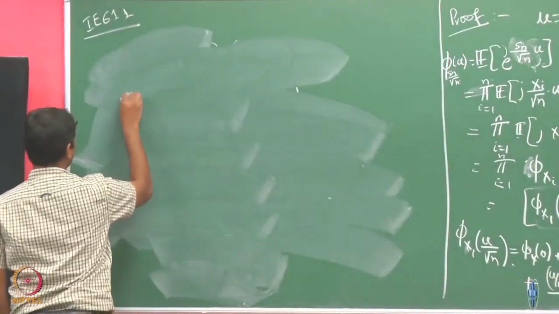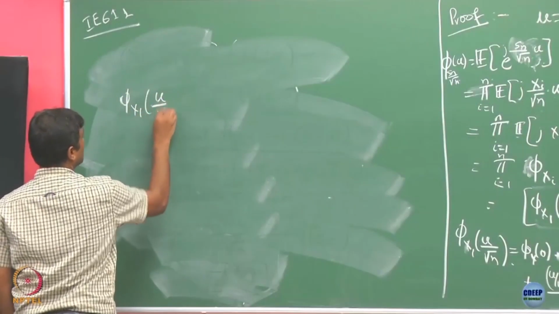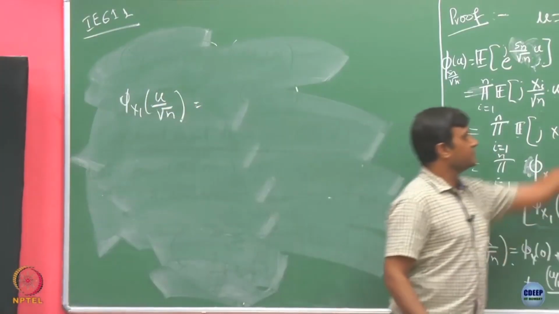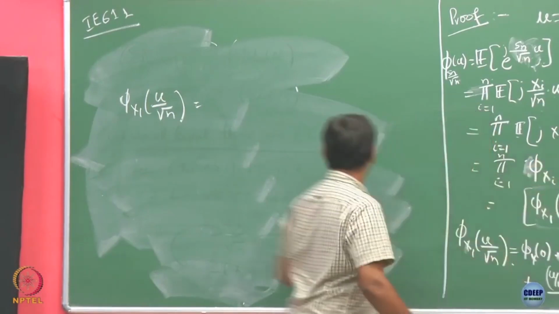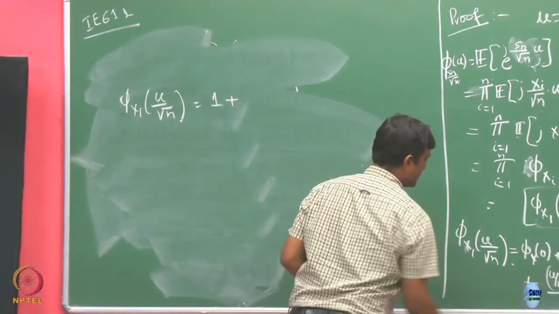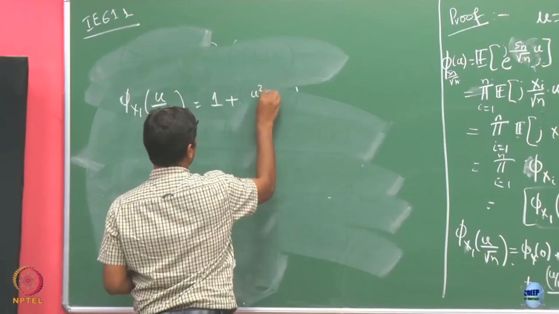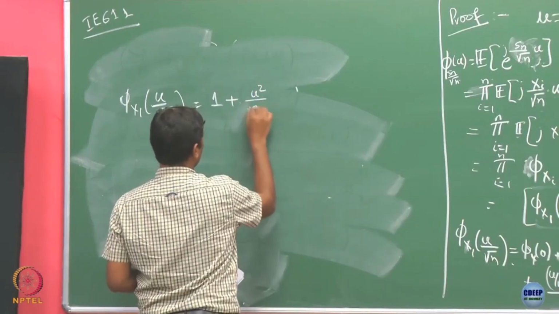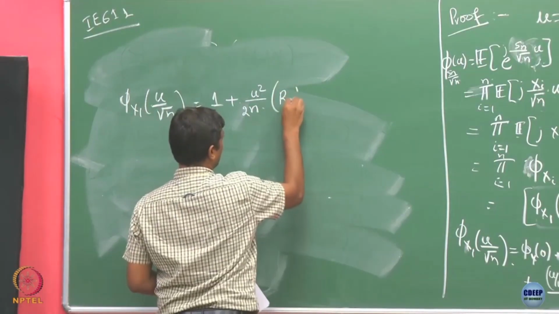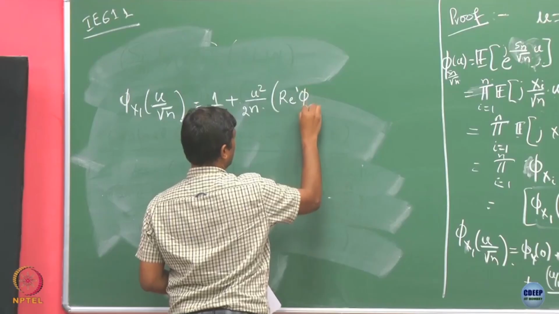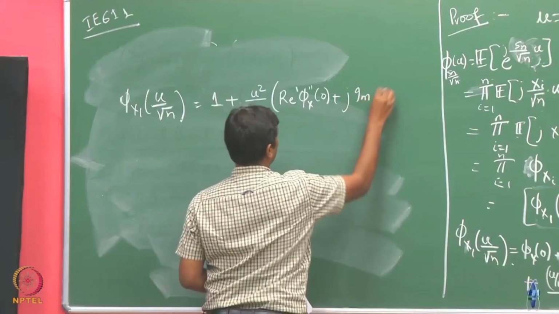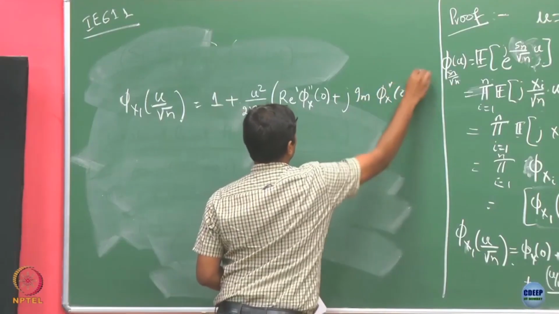So phi of x1 of u by root n is going to be phi of x0, which is 1, plus u square by n times 2, and this one I have to write as the real part of phi double prime at 0 plus j times the imaginary part of phi double prime at 0.